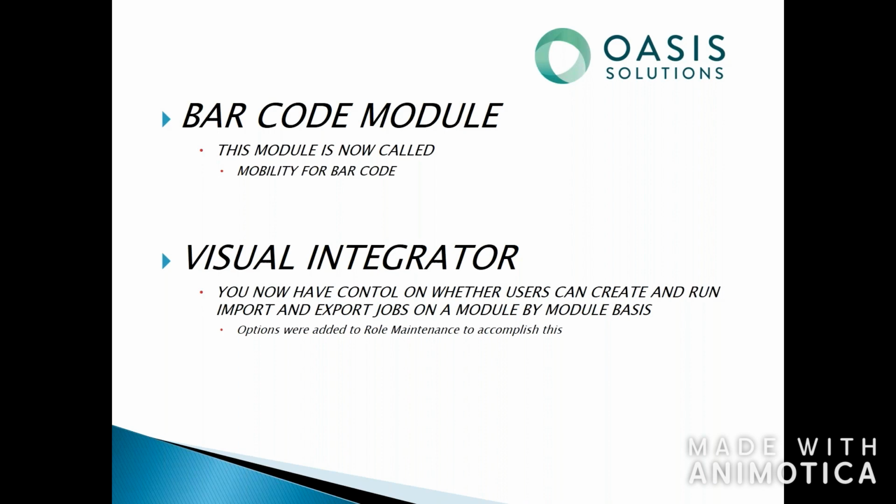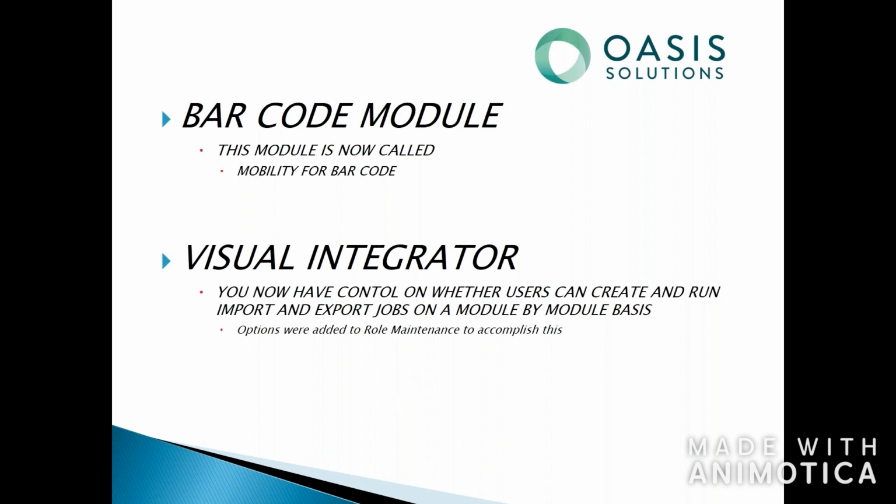Now you could restrict so that maybe someone in Accounts Payable needs to import AP invoices, but you do not want them to have access to export data from payroll. So options were added to the role maintenance to accomplish that. So that's another new feature.